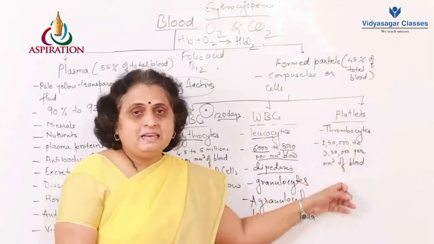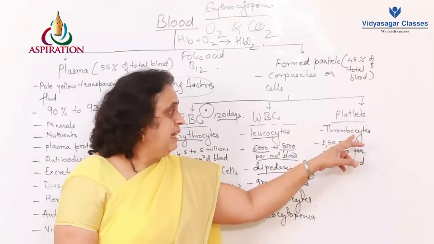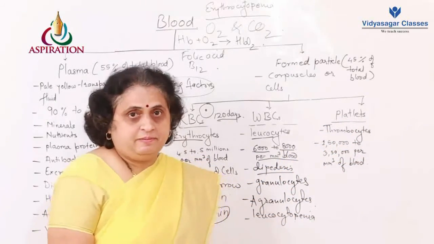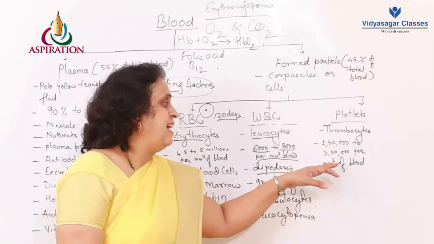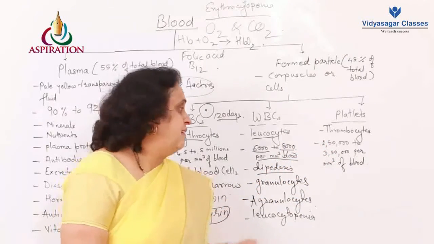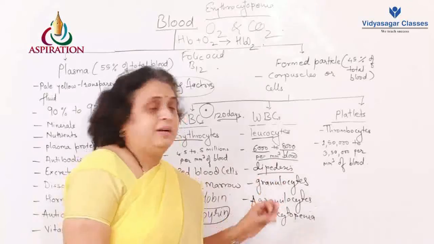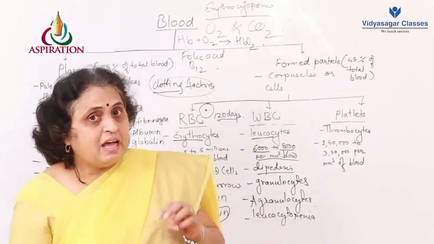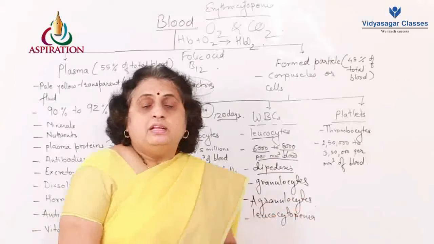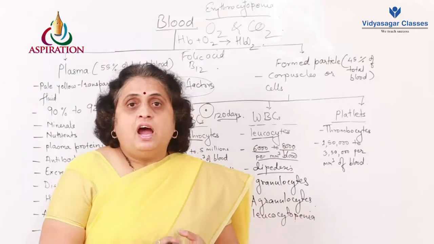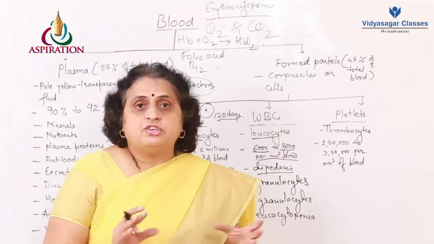Then we come to the platelets. Platelets are called thrombocytes. Thrombocytes are present at almost 1.5 lakhs to 3.5 lakhs per cubic millimeter of blood. Platelets are formed by the process where the megakaryocytes undergo fragmentation.